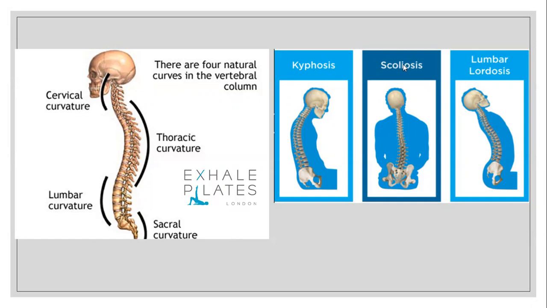Scoliosis most frequently affects the lower spine, or lumbar spine, while kyphosis usually affects the cervical spine and thoracic spine.